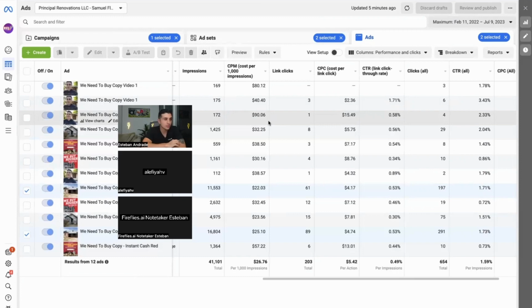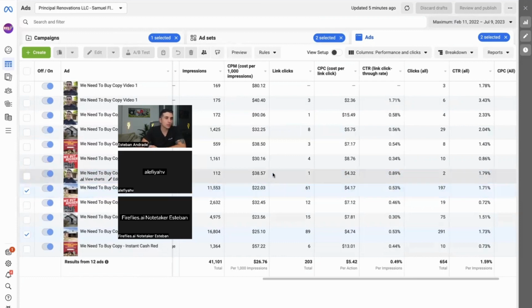And for real estate investing and wholesaling, you'll see that the cost per 1,000 impressions on the ad level ranges from $20 all the way to $100, $120. But you want to keep it in a very healthy scenario, which is kind of in the middle or lower than the middle and so on. Okay. So that's definitely important, something that you need to understand.